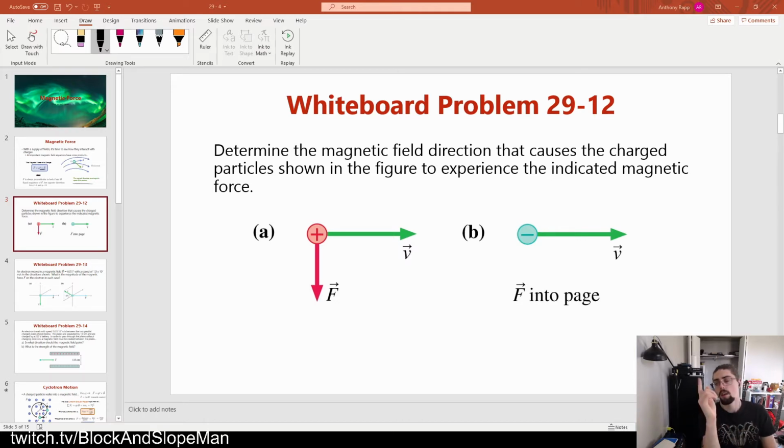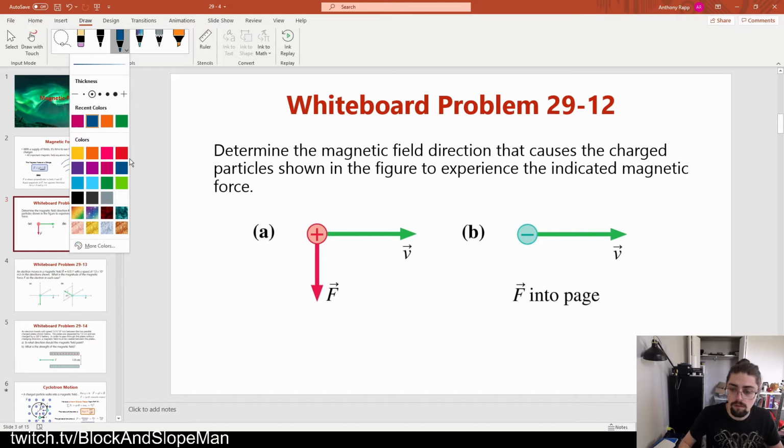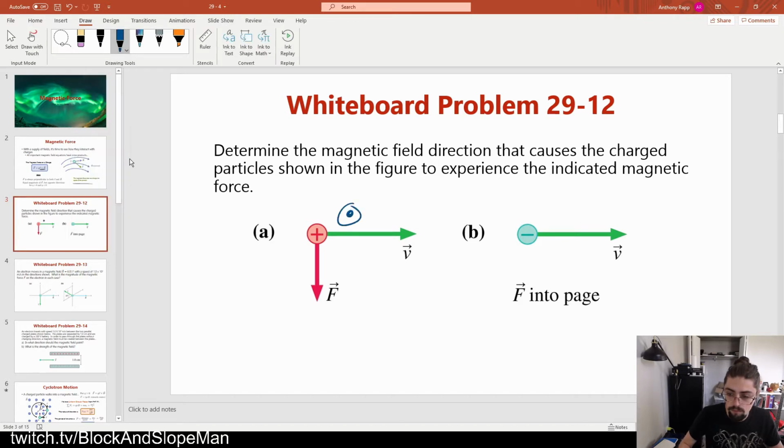Index finger should be pointing in the direction of V. Thumb should be pointing in the direction of F. I get something like this, and that tells me that my B field should be pointing out of the page. The other way I could do it is curling from V to B, which gets me a thumb that's pointing down.